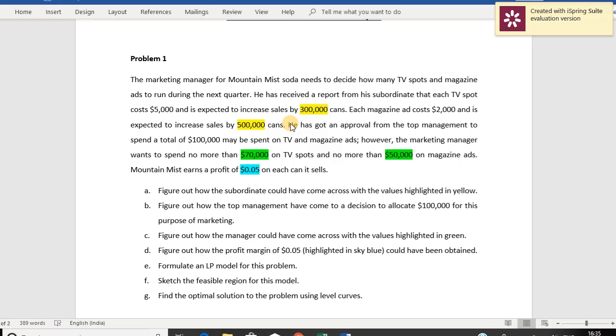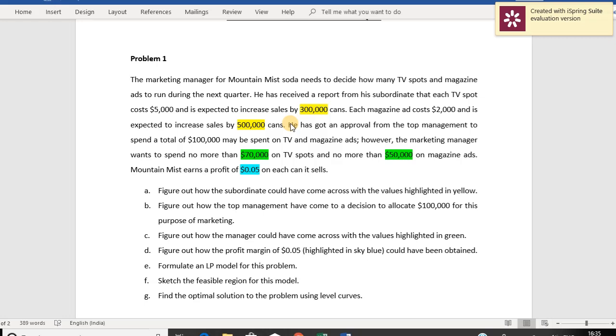The maximum amount we can spend on ads is $1 lakh on both TV and magazine. And we have a constraint from the marketing manager that we should not spend more than $70,000 on TV, and not more than $50,000 on magazines.